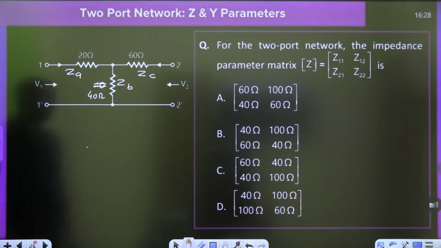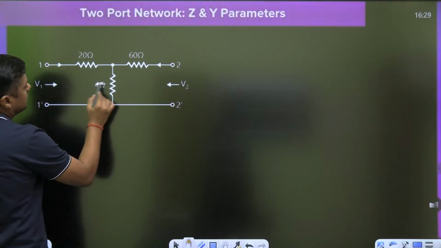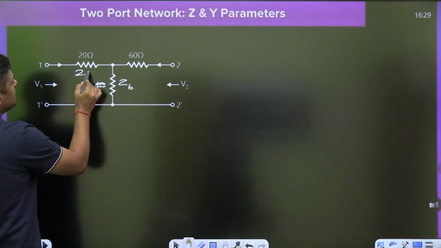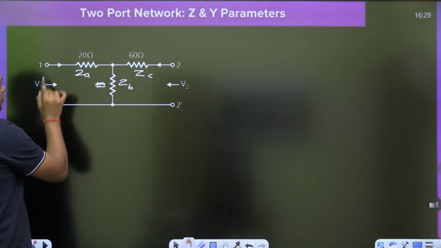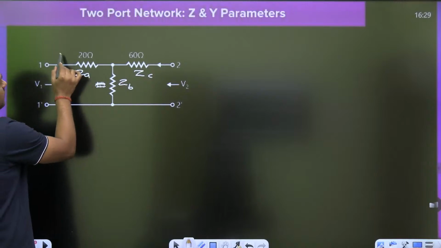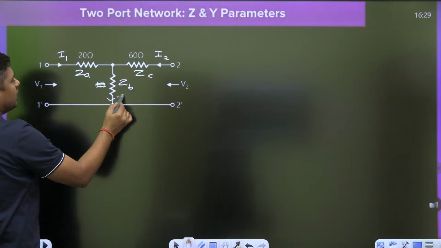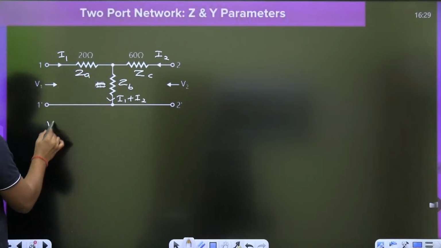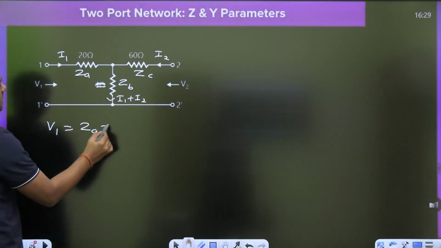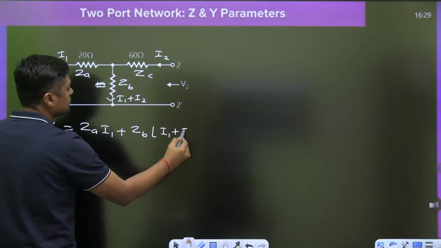Let me tell you again. For any T network, suppose this is ZB, this is ZA, ZC. First of all, you can write what is the current here? I1. What is the current here? I2. So what is the current here? I1 plus I2. You can directly write down the KVL: V1 is equal to ZA I1 plus ZB times I1 plus I2.